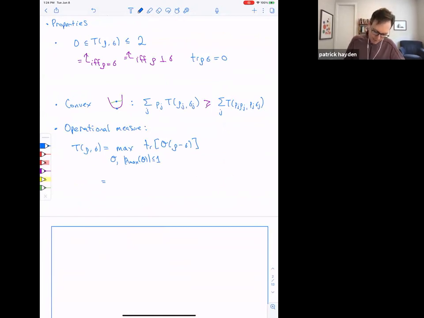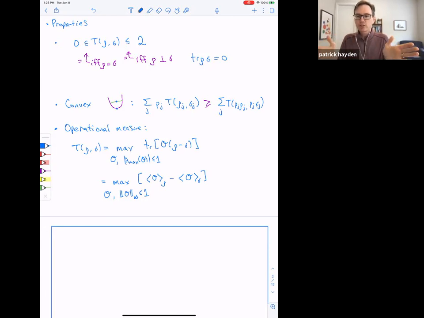And if you expand this out, what is this? This is saying the maximum over observables with this norm condition, which I'll write the way we usually write it, that the Schatten L infinity norm is less than or equal to 1, in this case that the largest eigenvalue is less than or equal to 1, of the expectation value of the observable for rho minus the expectation value of the observable for sigma. And so the trace distance is really telling you, find the very best observable that you could ever imagine for telling these two states apart.